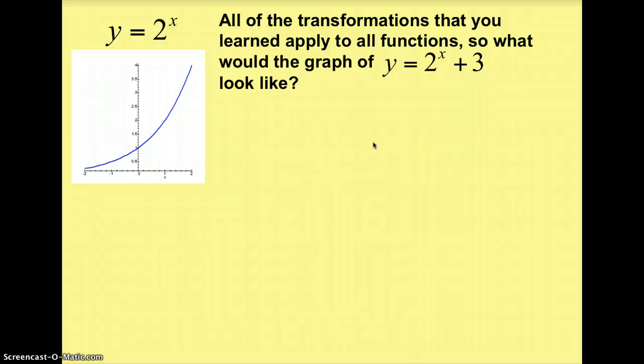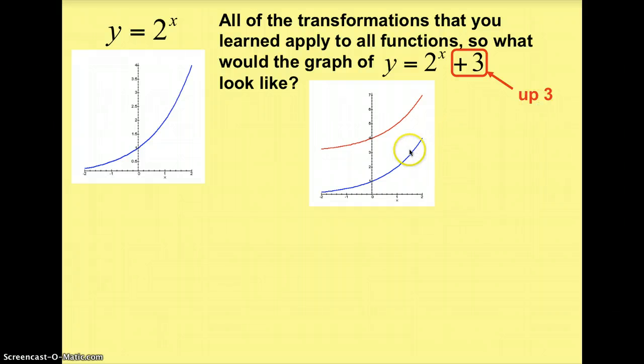Let's look at some graphs of exponential functions, or some exponential models. We already did the model for 2 raised to the x, so here it is once again. Let's take a look at the model if it's 2 raised to x plus 3. With a constant 3, your graph is going to go up 3 units.